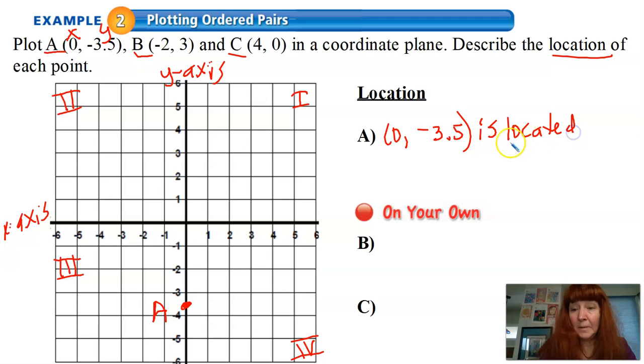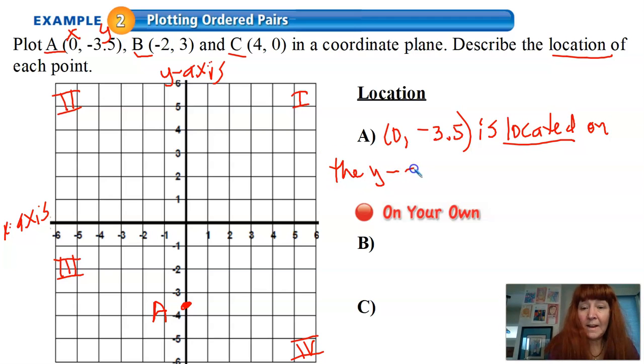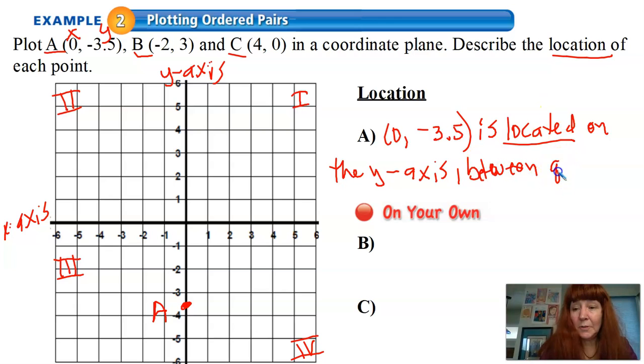That means I'm describing to somebody where to find it. It's located on the y-axis. Now, if I want to get more specific, I can say between quadrants. I'm abbreviating. So it's right here. It's in between 3 and 4. Between quadrants 3 and 4.